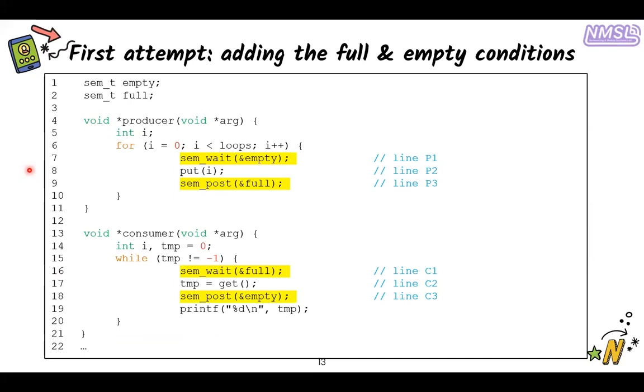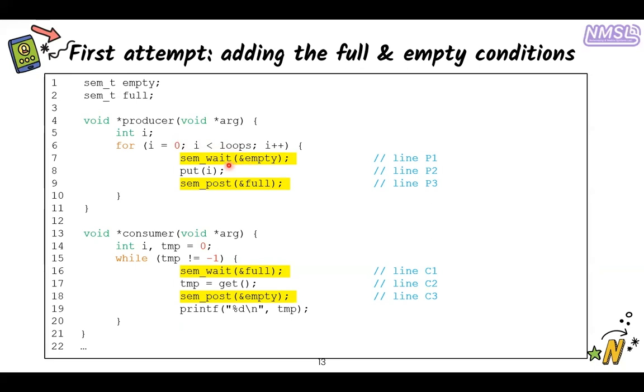If you want to actually do this with a semaphore, we're going to define two different semaphores. One's called empty, the other's called full, because those are the conditions. The producer basically waits until the buffer is empty, then you go fill.